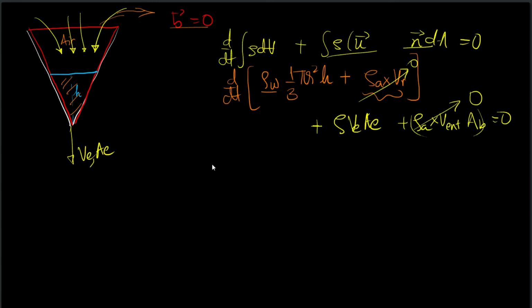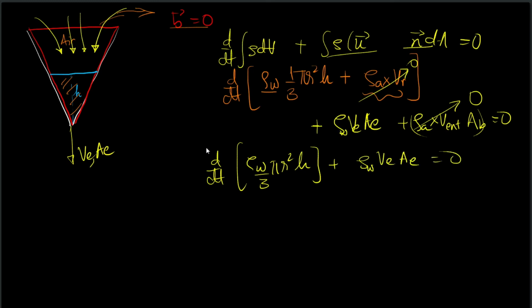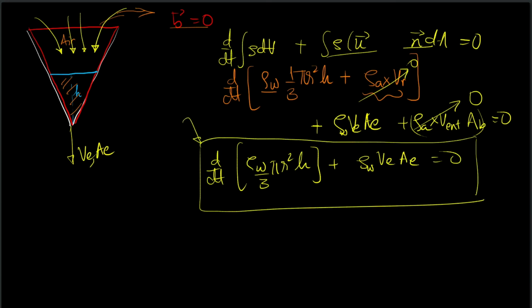So these terms can be neglected. So essentially you end up with d/dt of rho water times 1/3 pi r square h plus rho water Ve Ae equal to 0, and all the mathematics from the previous problem follows.